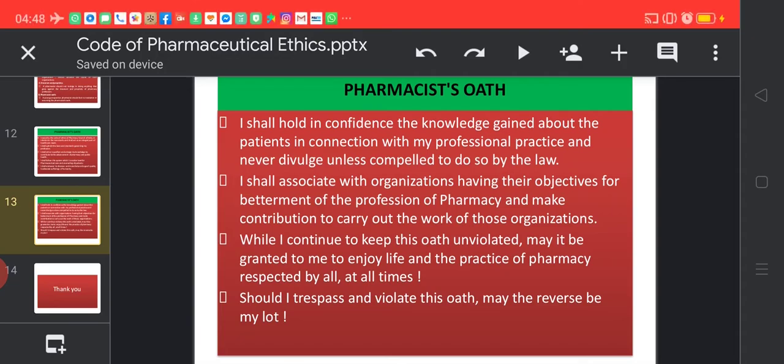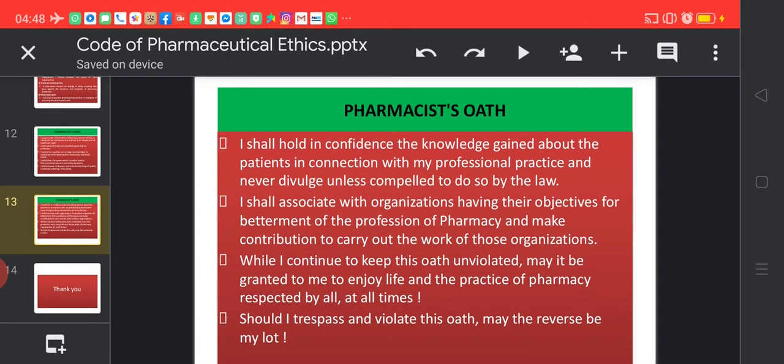While I continue to keep this oath unviolated, और जब भी हम ये फार्मासिस्ट ओथ को अनवायलेट करते हैं, may it be granted me to enjoy life and the practice of pharmacy respected by all at all times.